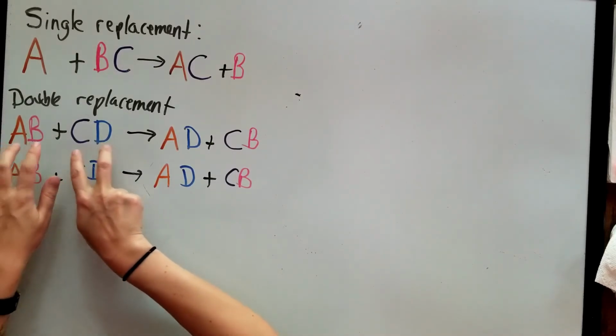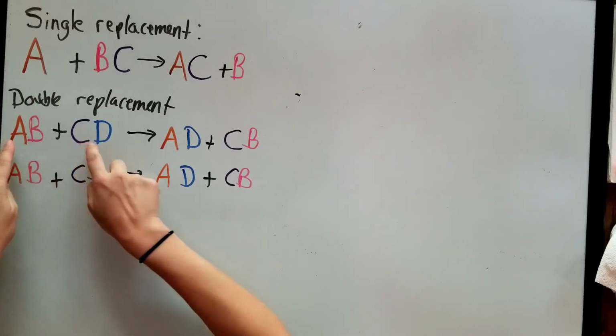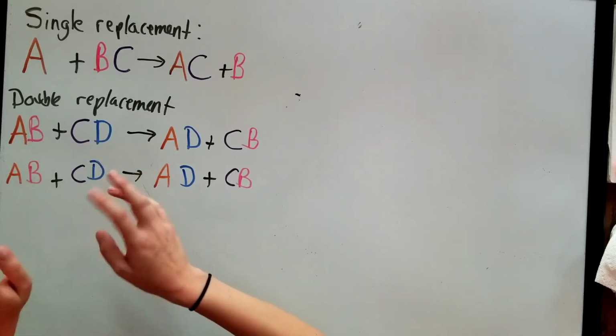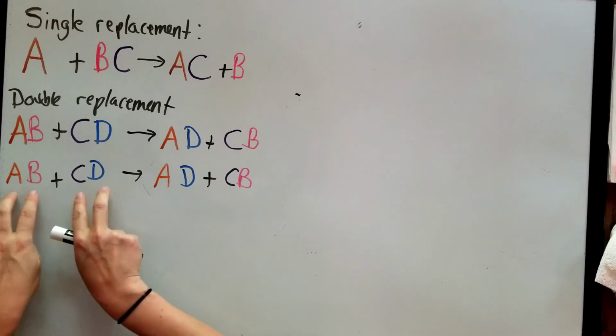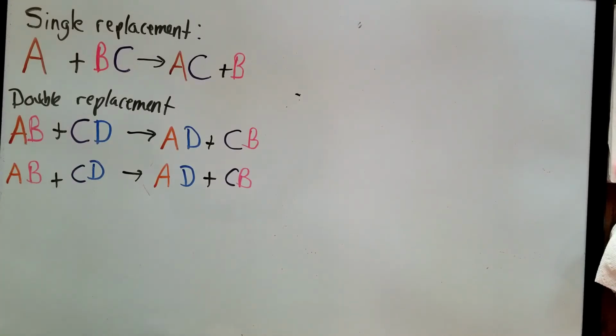We have 2 compounds reacting, switching partners, so think of like dancing and you're switching partners to form 2 new compounds, 2 new sets of partners. So the reason I wrote the scheme down here again is I want to write the charges of each of these, because these are usually 2 ionic compounds reacting and switching partners.